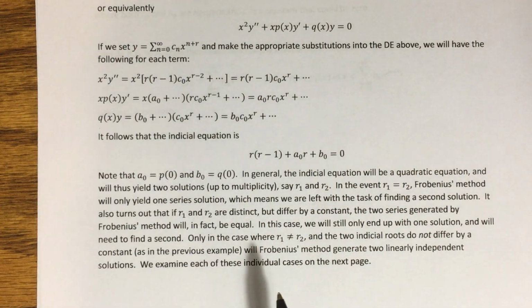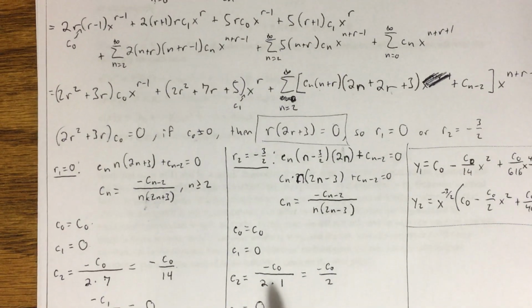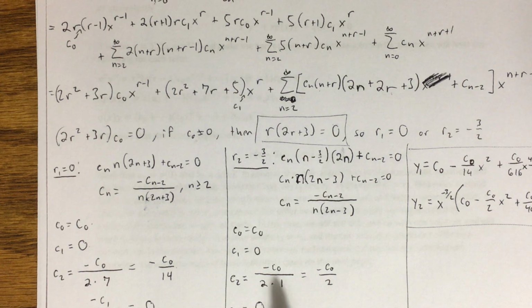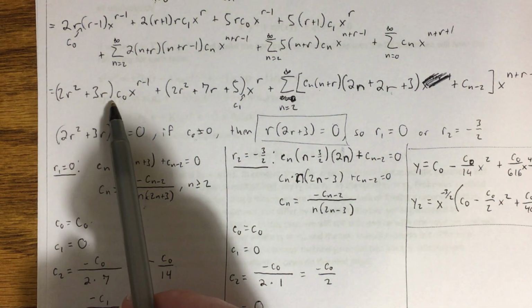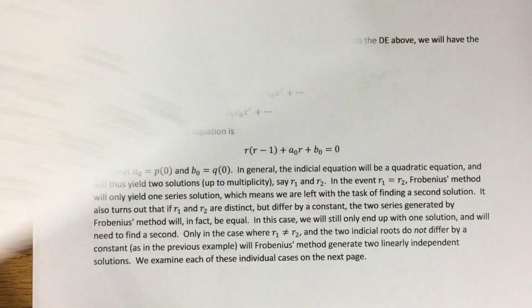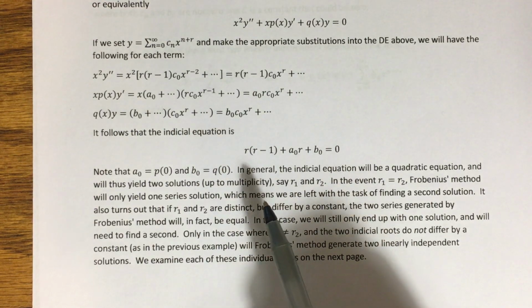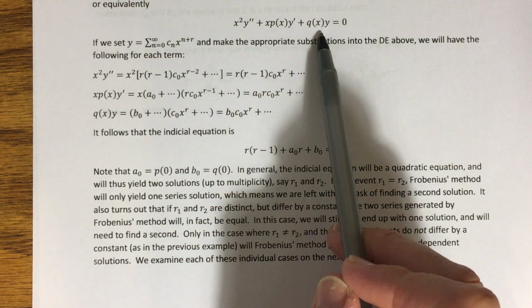Now, why did we do this? Well, as we saw in that previous equation that I mentioned before, the indicial equation is exactly what we get from the coefficient on the lowest degree term, the term that has the c naught in it, after plugging everything into our DE. These three terms show up as the lowest degree term in each of these.